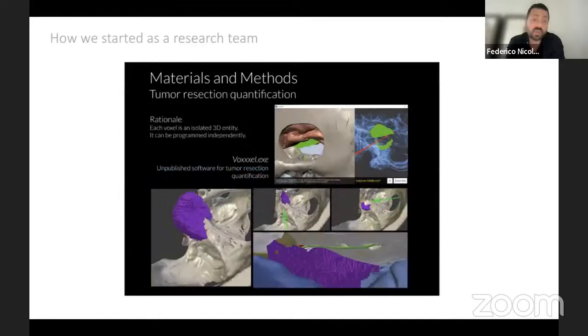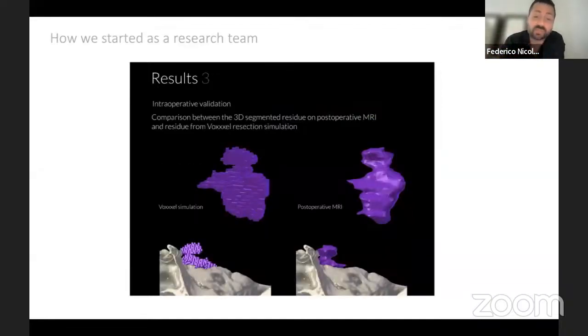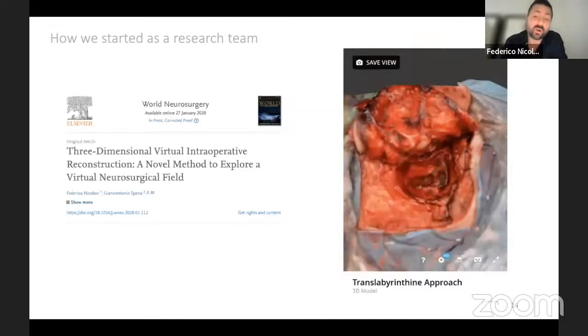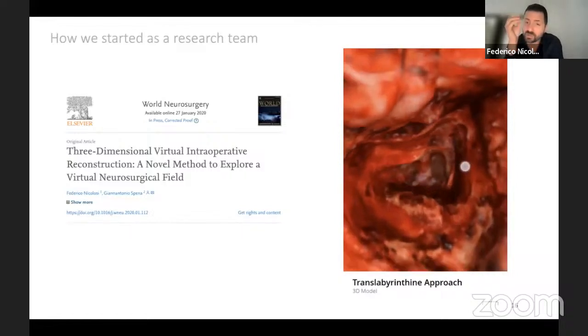We started creating the first segmentation of real tumors, and we started creating real, let's say, simulations of resections. And at some point, we started having the first nice models of a tumor before a surgery, having the understanding of the three-dimensionality of a corridor.